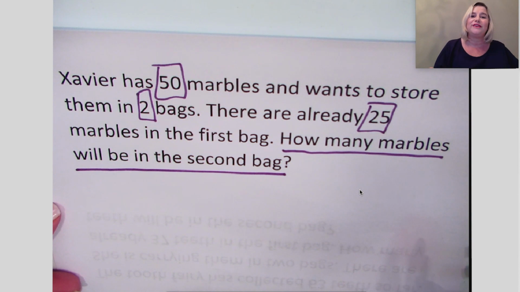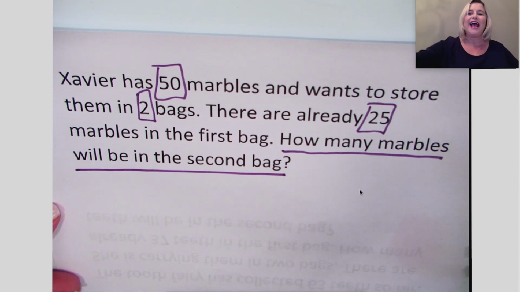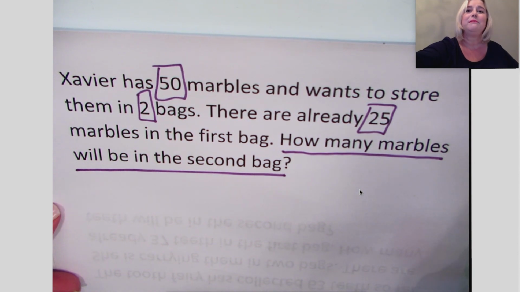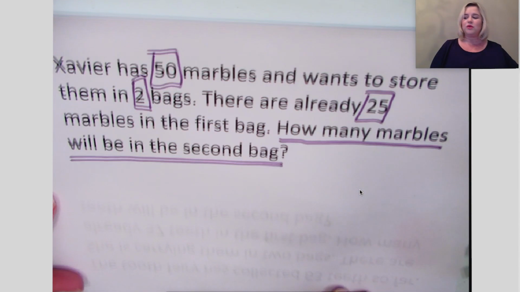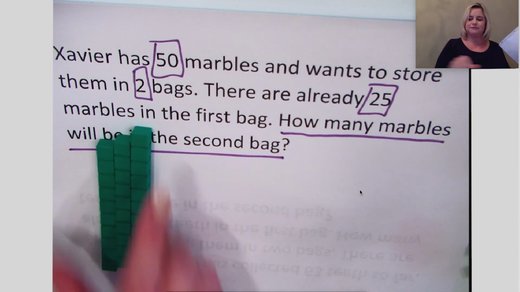So we are trying to find out what, boys and girls? Very good. How many marbles will be in the second bag? I'm going to model 50 marbles with 5 rods. So what I'm going to do is show you 50 marbles with 5 rods.